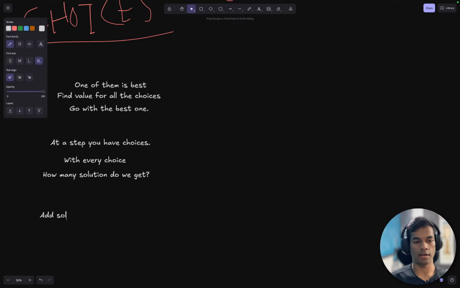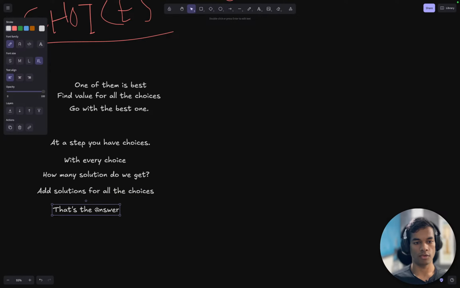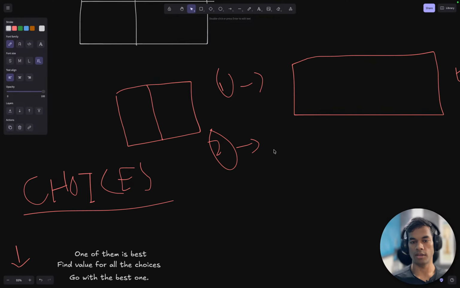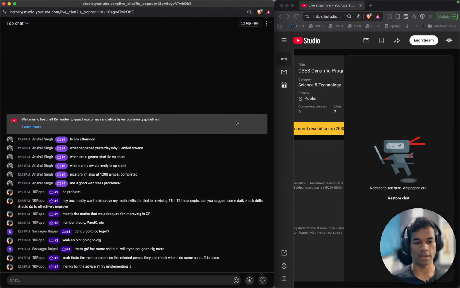Then add solutions for all the choices, and then that's the answer. That is cool. That will be the answer. So first of all, we have to see what the choices are that we have, and then some of our choices will hit an edge case or base case, and then we will bounce back. Yep, that is the main problem.